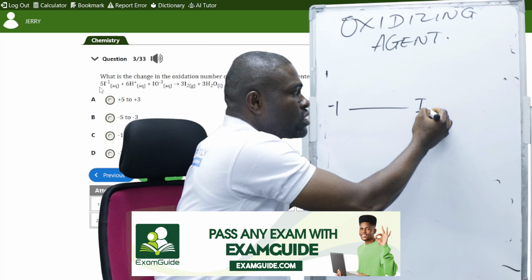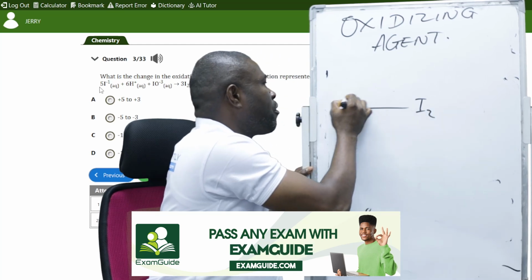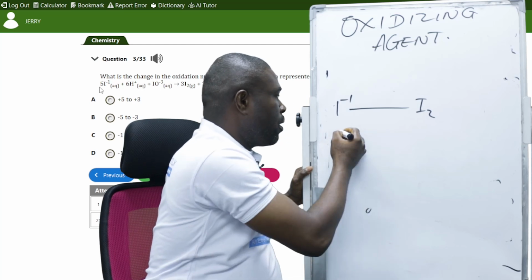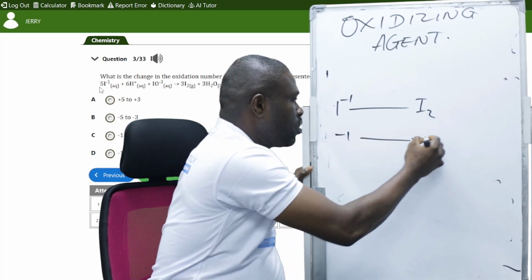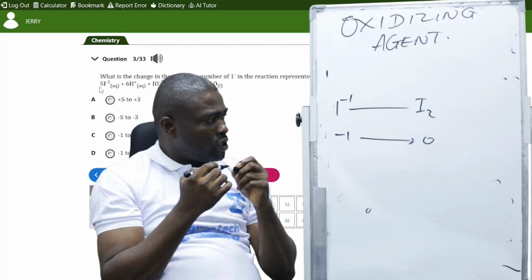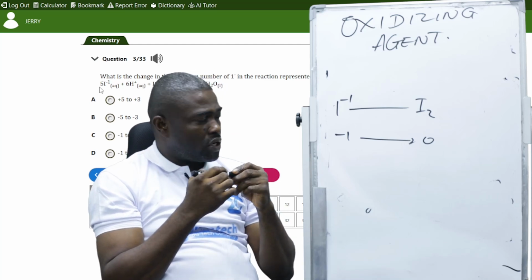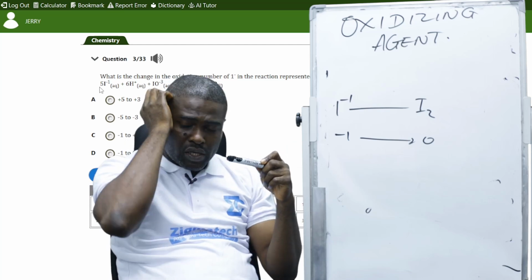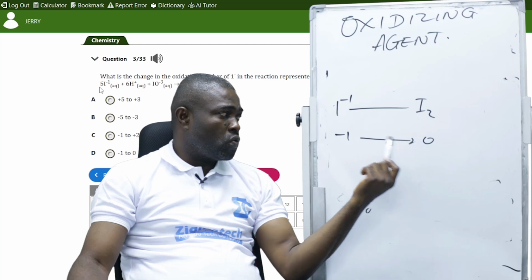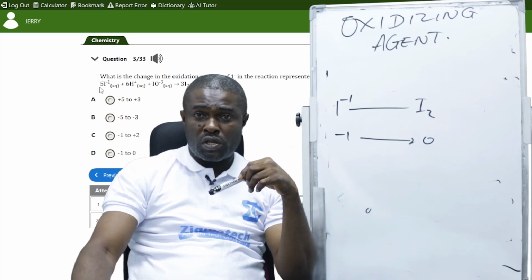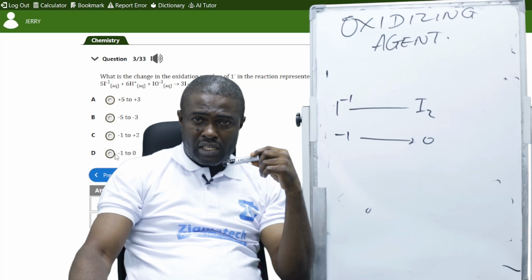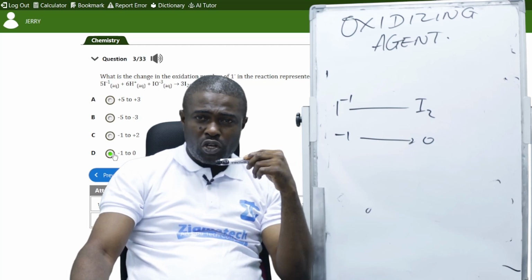That means from -1 to 0. Is it an increment or a decrement? Do you think the number decreases or increases? From -1 to 0, it has increased, because 0 is greater than -1. So the answer is actually D, -1 to 0.